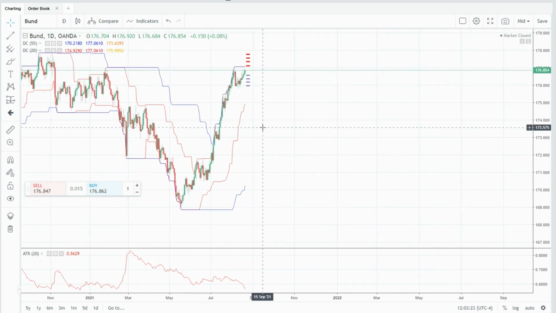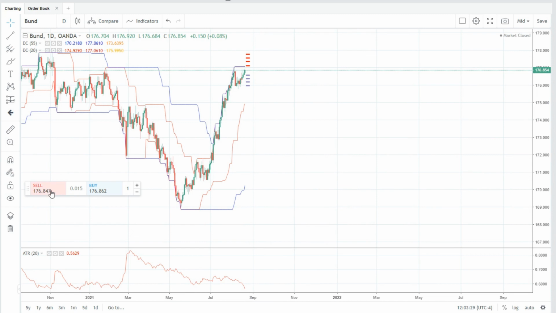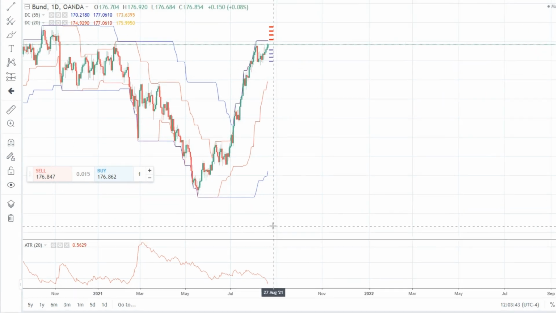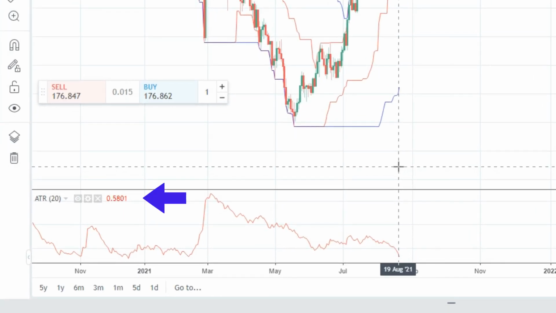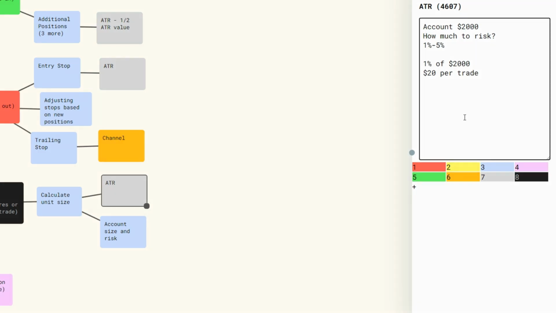I'm going to use this particular platform to demonstrate it. The numbers and the math work the same regardless of the platform. It's just going to be easier to see how it is when I punch numbers in. So what we're going to do is start with the ATR. The ATR we have here is 0.58.